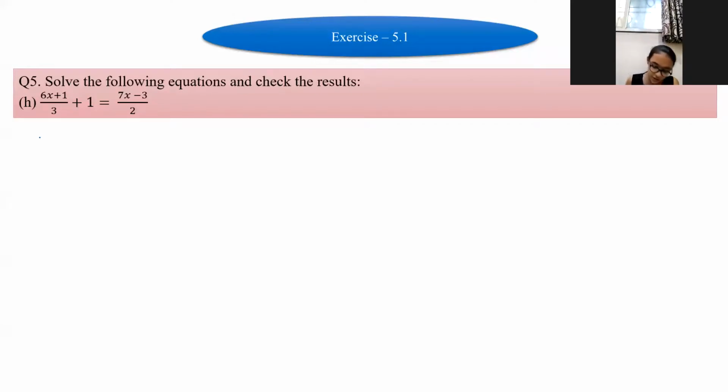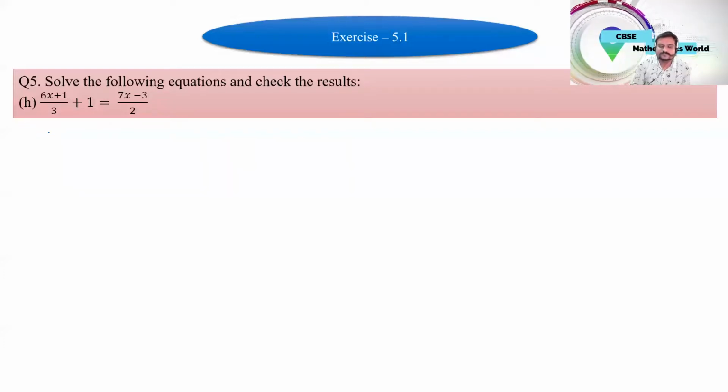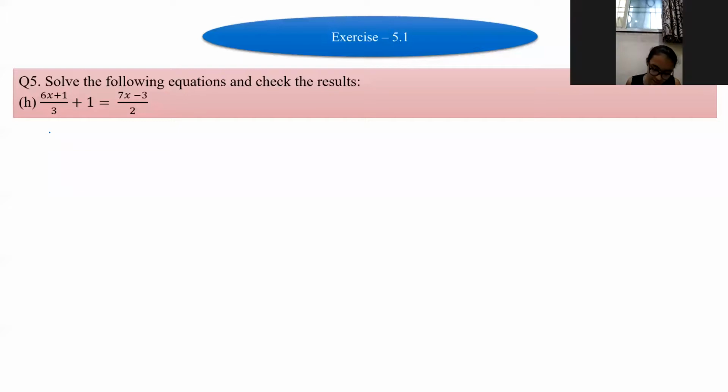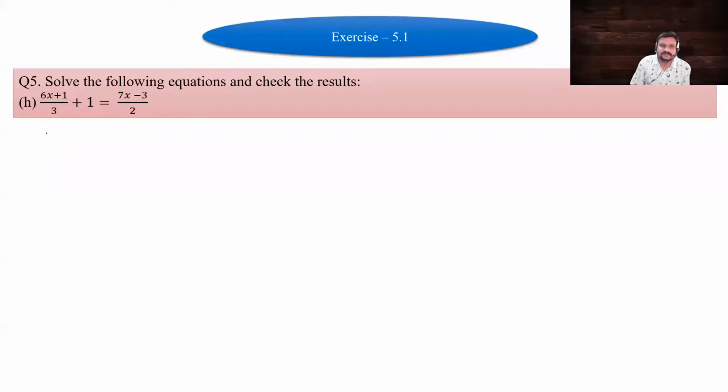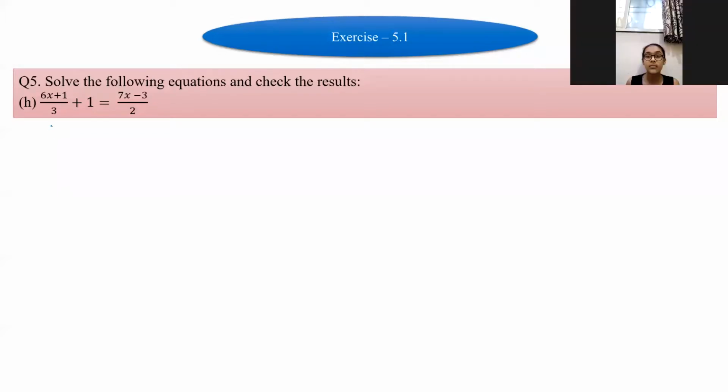So, sir, first here we will do, can we shift 1 to the RHS side? Yes, because it is a constant term. We can shift it. 6x plus 1 upon 3 is equals to 7x minus 3 upon 2 minus 1.